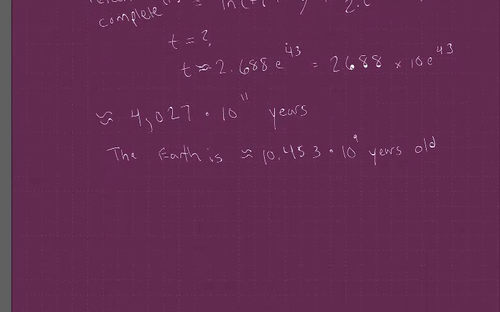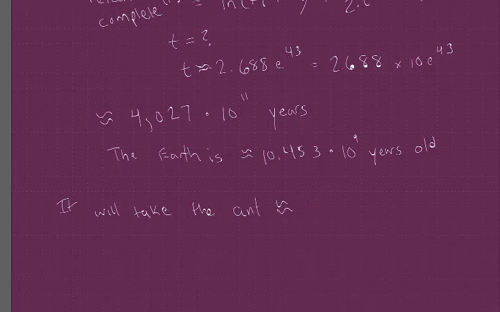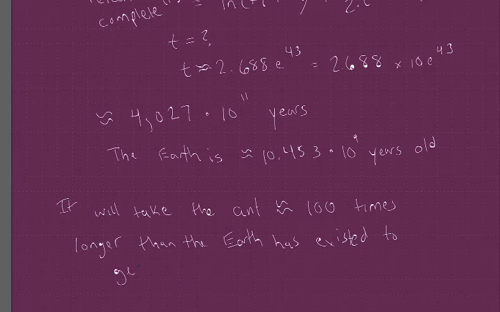So it will take the ant roughly 100 times longer than the Earth has existed to get to the end of the rubber band, which is pretty remarkable considering when we started, the band was only 100 centimeters long, and the ant is traveling again at a rate of 1 centimeter per second relative to the band. Wow, that's a long time.